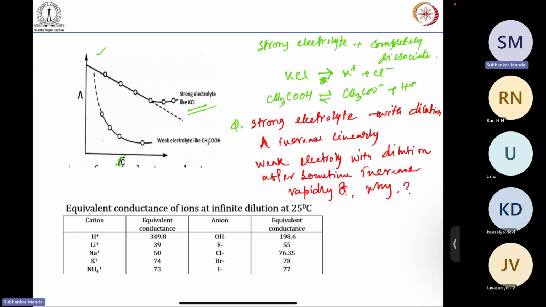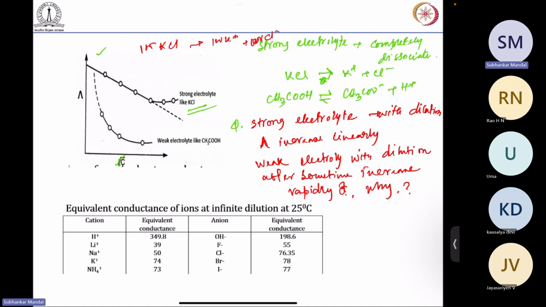But in the case of a strong electrolyte, it is fully dissociated. Suppose I have taken 100 KCl, it will produce 100 K plus and 100 Cl minus, so the number of ions is constant.